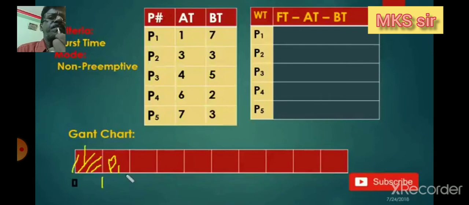Now at time interval 3, process P2 arrives. So what will happen? Here the total process scheduling is non-preemptive in nature, so no intermediate interruption of the CPU occurs.